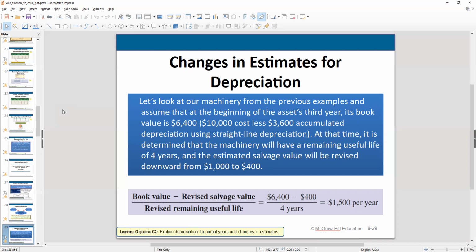And the estimated salvage value will be revised downward from 1,000 to 400. So to make that adjustment in the year you're in, you're going to take the 6,400 remaining book value minus 400 in salvage value, divide it by 4, and that's going to give you $1,500 depreciation per year for the remainder of the life, which is the next 4 years.